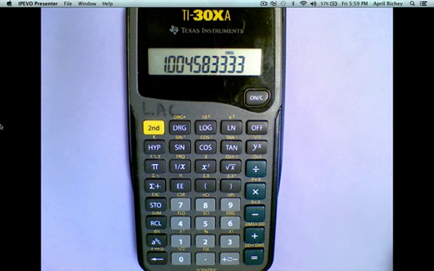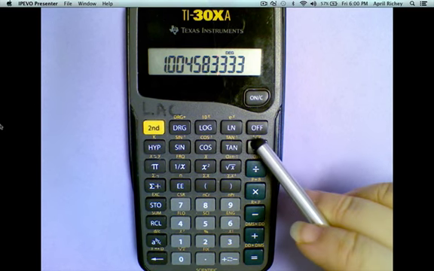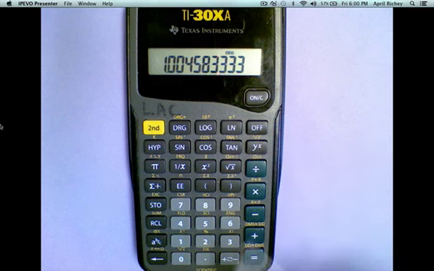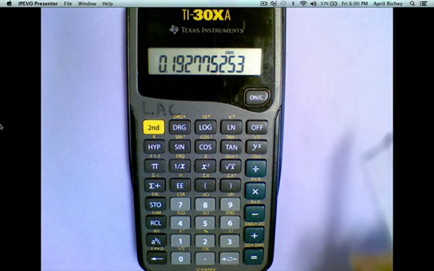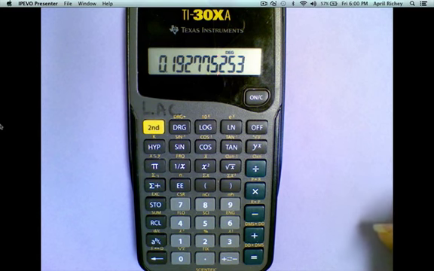So I end up with 1.004 and that decimal continues on. Now I raise this to the negative 360th power. So hit my exponent key, type in 360, and hit my plus minus key to make that negative, and press equals. And that gives me 0.192775, and that continues on.